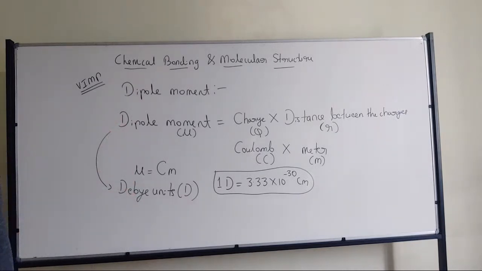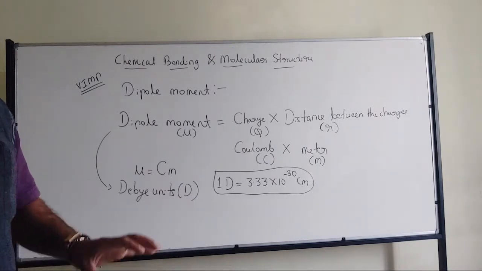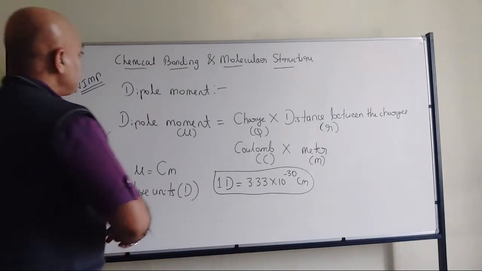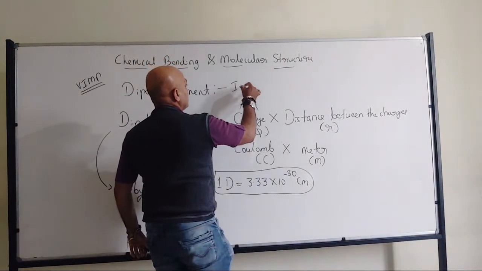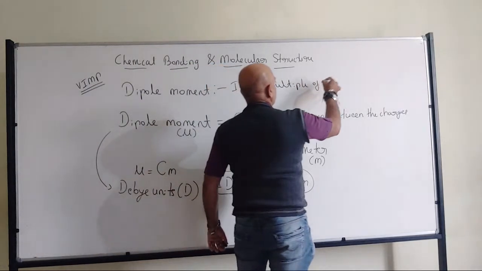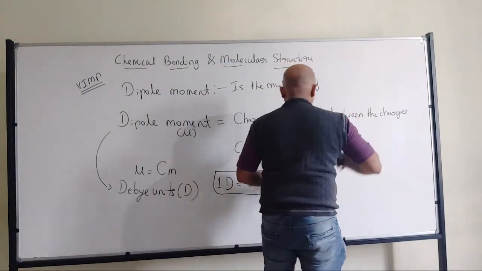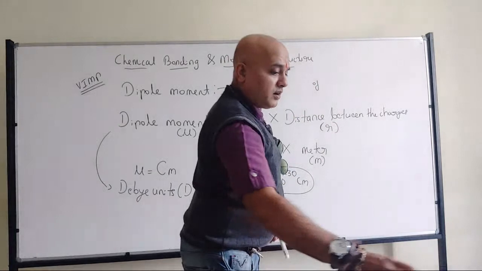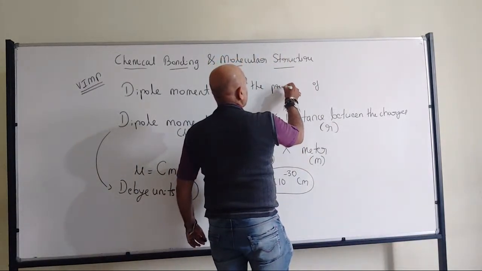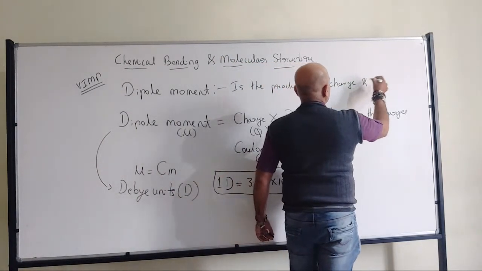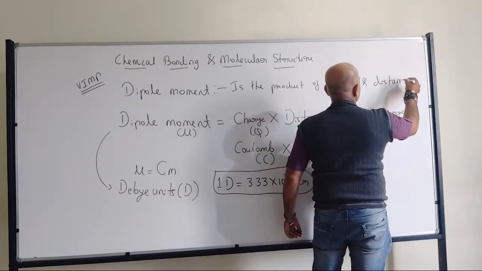Dipole moment is the charge and distance between the separation of these charges in a covalent compound. In a covalent compound, I can tell that dipole moment is the product of charge and distance of separation.